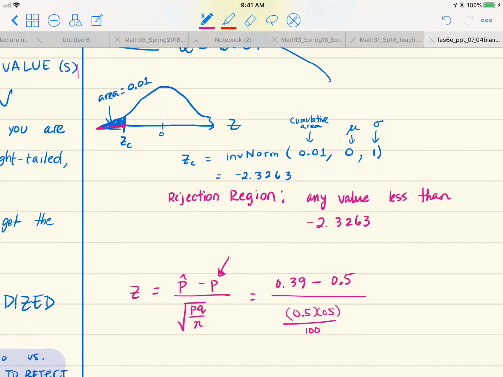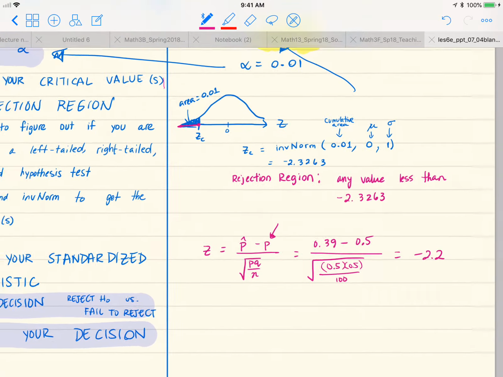I need the square root of all of that. When I put it into my calculator, square root of 0.5 times 0.5 divided by 100, I get negative 2.2. So my standardized test statistic is negative 2.2.